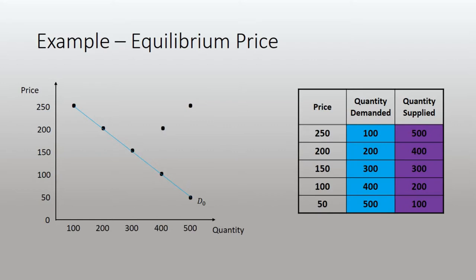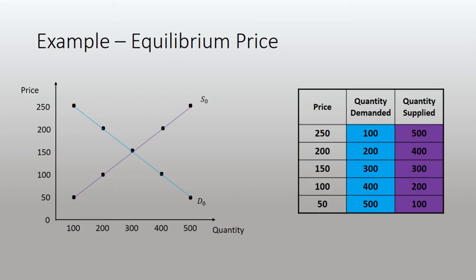At price 100, our quantity supplied is 200. At price 50, our supply is 100. We then connect the dots, and we have therefore drawn our supply line. And don't forget to label your supply line with S0 to state it is an original supply curve.